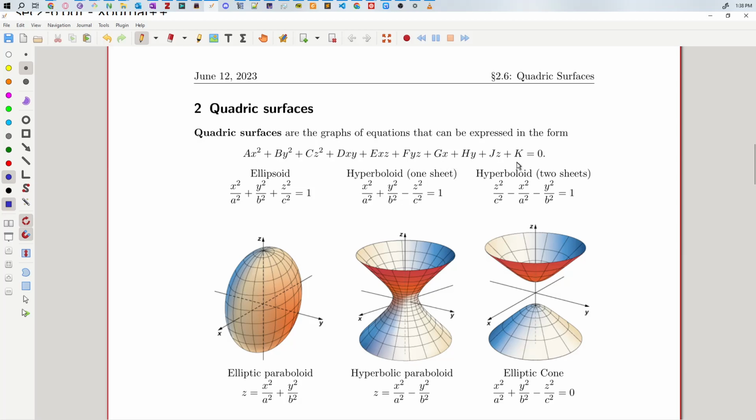As long as you keep the exponent 2 or less, and you are in three-dimensional space, so you have three variables to work with, then everything is going to be of this form. That's the most general form you can make of everything.